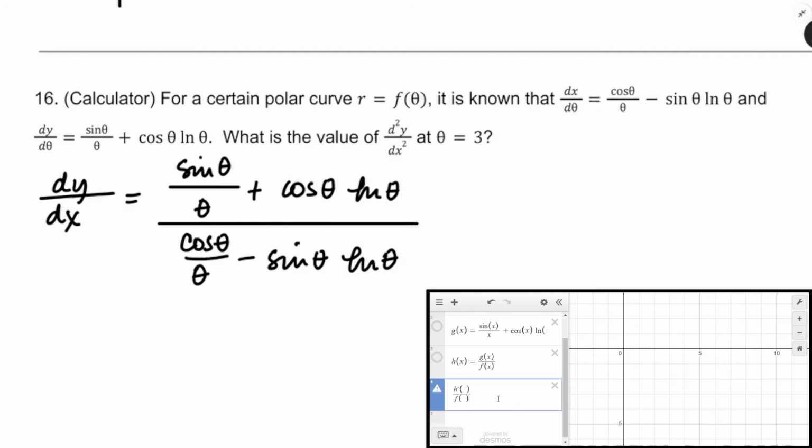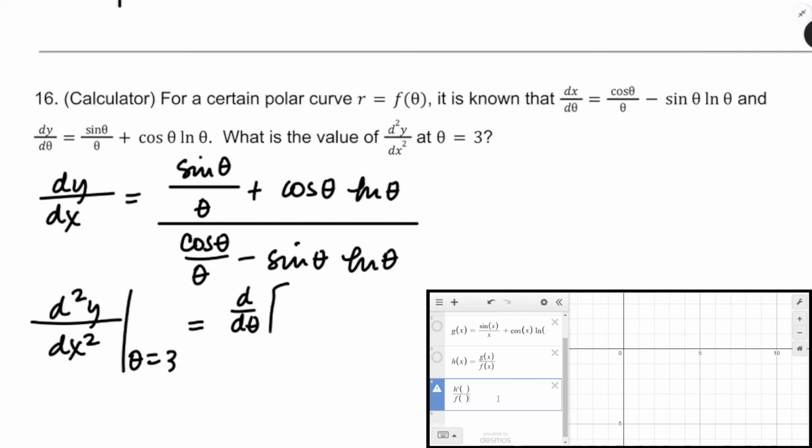Second derivative of y with respect to x at theta equals 3 is going to be the derivative with respect to theta of that expression up above, the massive fraction I'm calling dy dx.